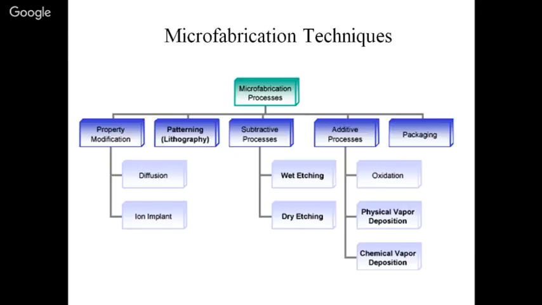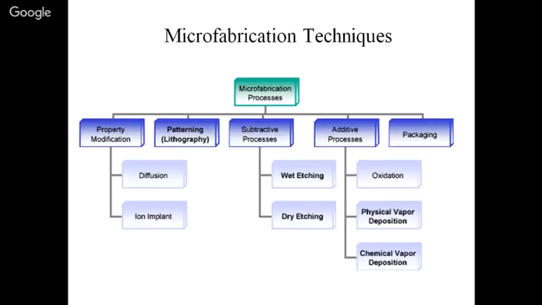Now the fabrication techniques. What are the fabrication techniques? Here, microfabrication processes include property modification, which is one of the important processes, by diffusion or by ion implantation. Ion implantation is again an important thing.